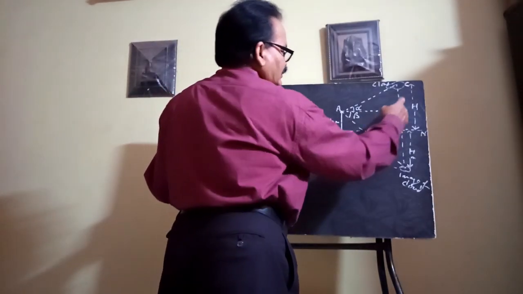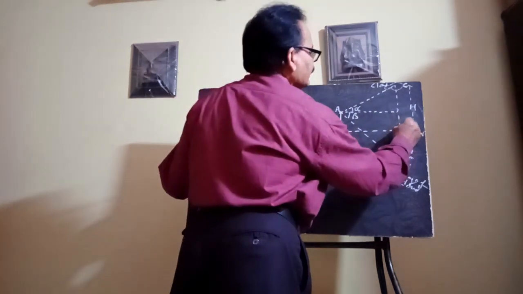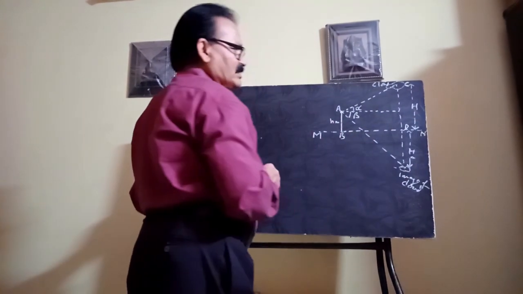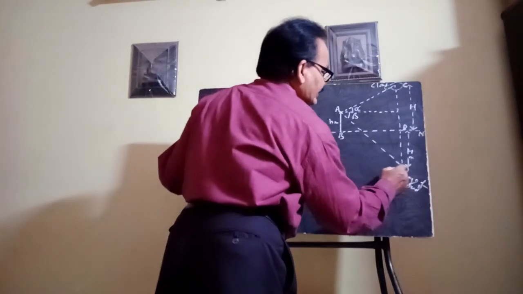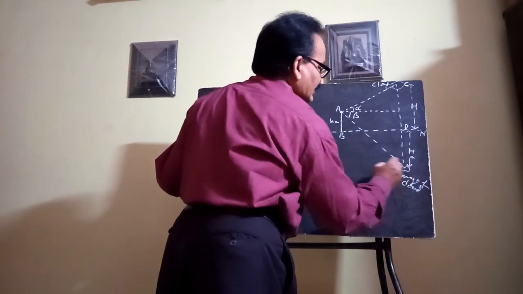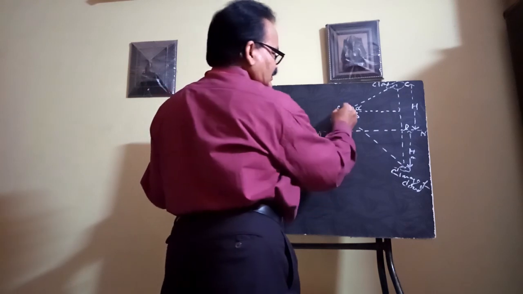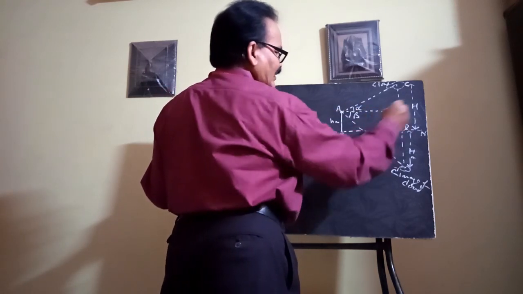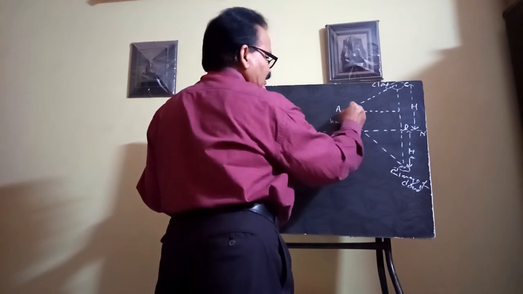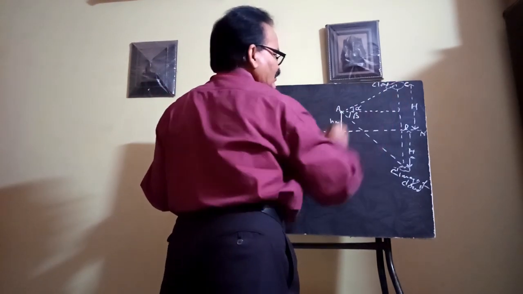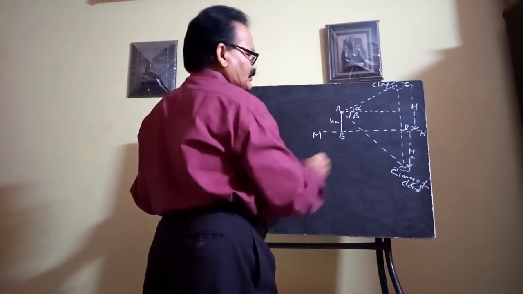CD is the height of the cloud above the lake surface, and this is C dash, the image of your cloud C. This is the horizontal line of sight, and the angle of elevation is alpha, and the angle of depression is beta.